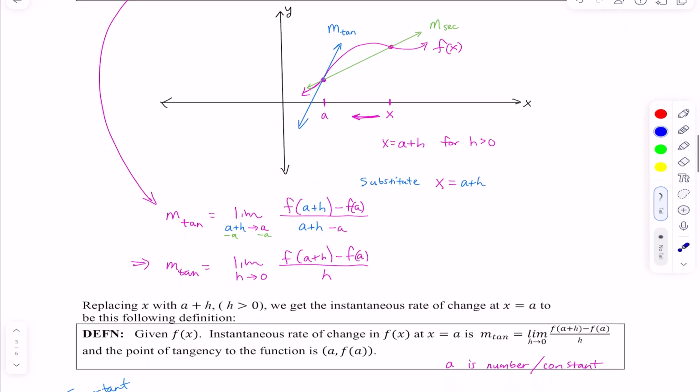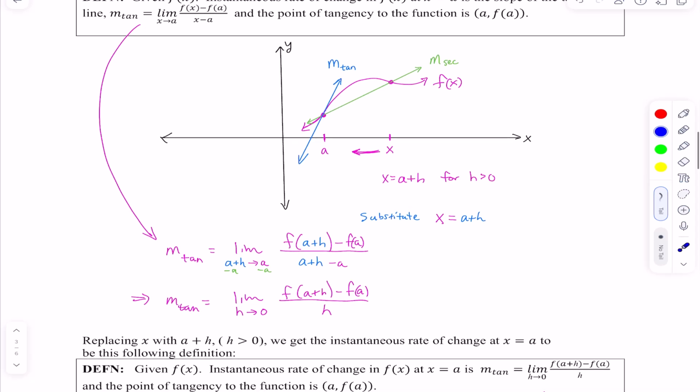Now, more importantly, what happens if you do a clever substitution? What if you substitute x to be a plus h? Wherever x was, from up here, we're going to put a plus h. So the slope of the tangent line becomes this limit where a plus h is approaching a, and we have f of a plus h minus f of a over a plus h, take away a.